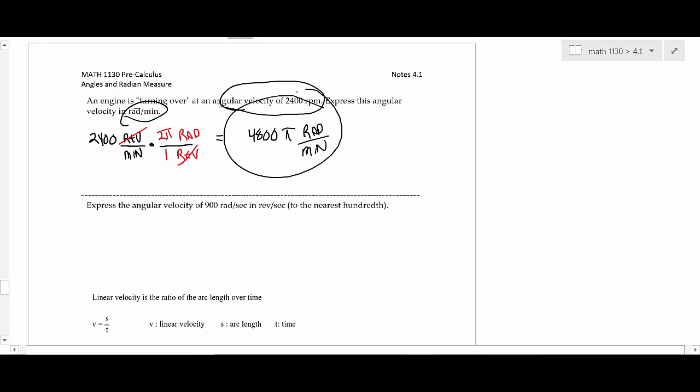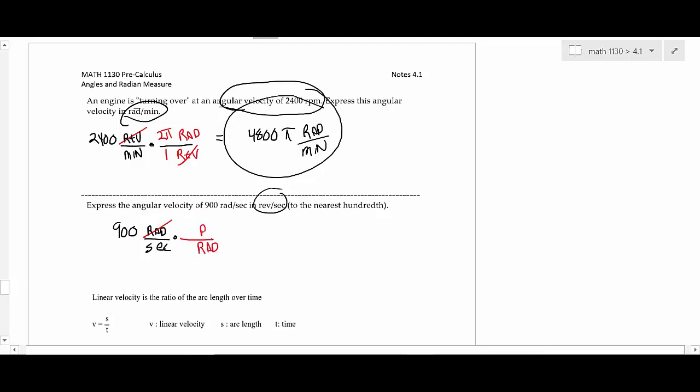Okay, let's do one more conversion on this, just kind of backwards. So this one is saying you have 900 radians per second. So what we're going to do on this is we're going to change this to revolutions per second now. Okay, all right, so if you want radians to go away, where do radians go, top or bottom? Bottom.